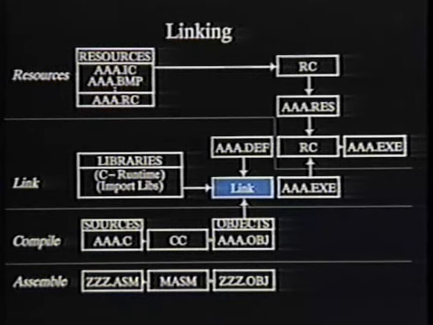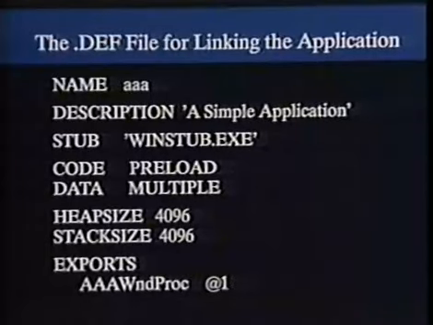As we said before, we need a def file to link the application, and here's another example of a def file. It has name, description, and how we work with our code and data, some heap size and stack size information if we want, then any imports or exports that we have within the application. All right?